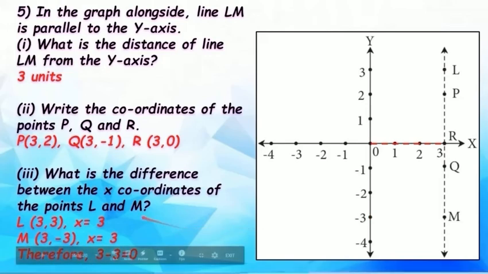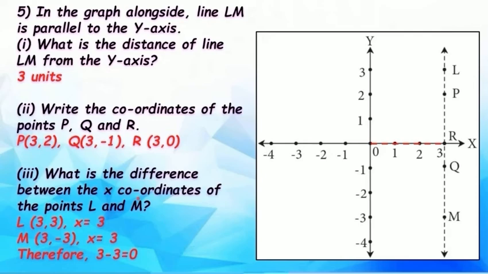They have asked us what is the difference between the x coordinates of these 2 points. So the x coordinates of these 2 points are 3 and 3, and for the difference between them we have to subtract. Therefore, if we subtract 3 from 3, we get 0. So the difference between the x coordinates of points L and M is 0.